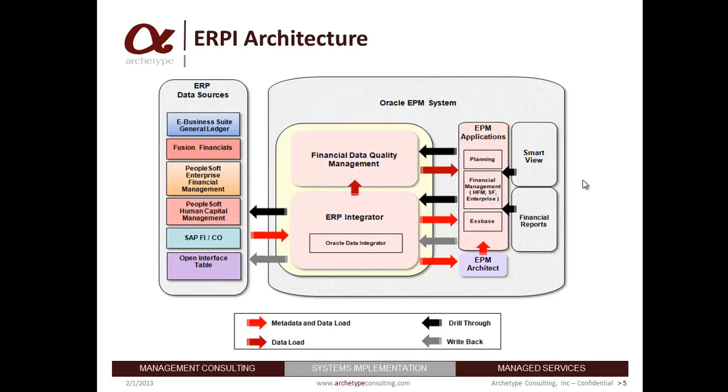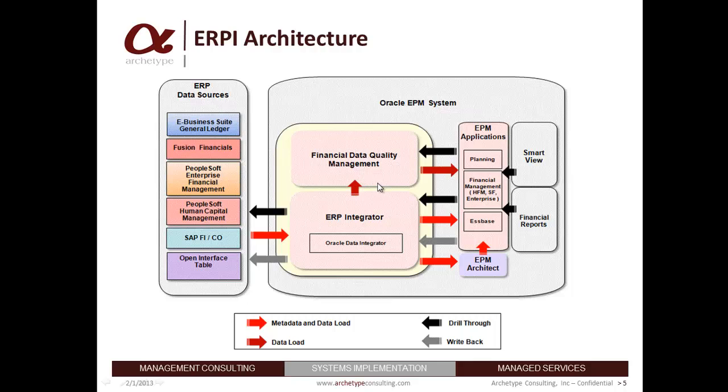So if we look at a picture, I like pictures, this gives you a graphical representation of how the whole tool fits in. Right here in the middle is ERPI, and it connects between your data sources over here, like PeopleSoft and EBS and SAP, and it can bring that data or metadata, the dimensions, over into your EPM applications over here. The cool thing is it can connect also through FDM.